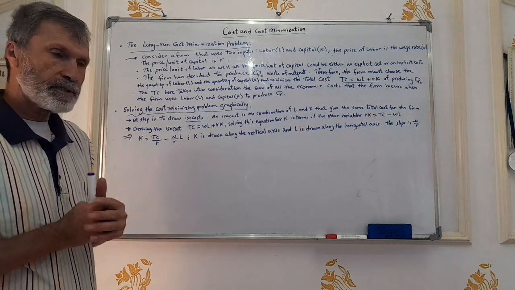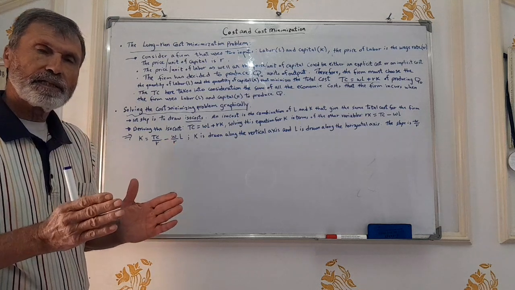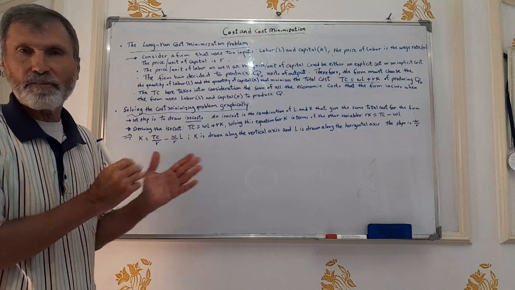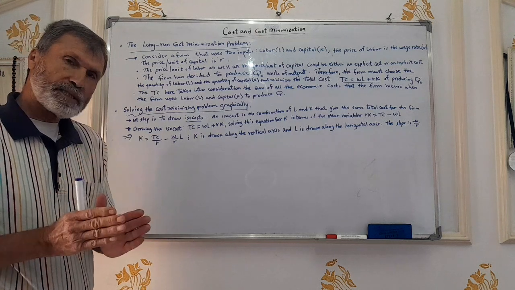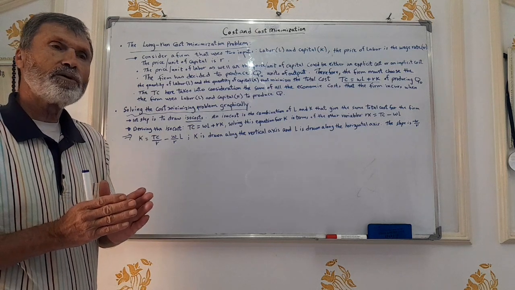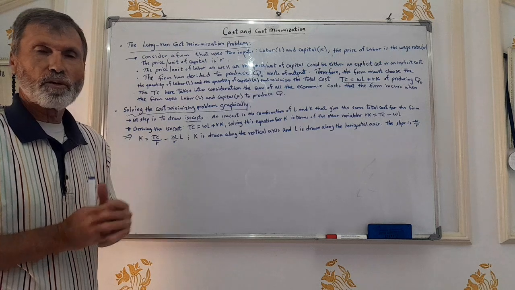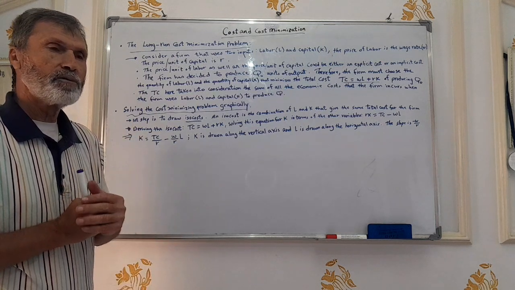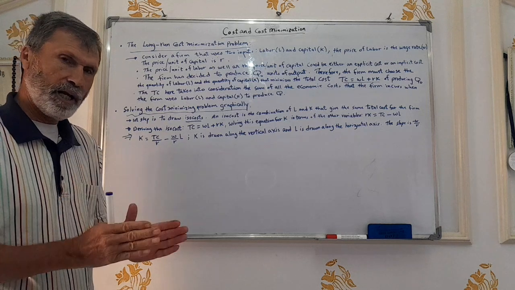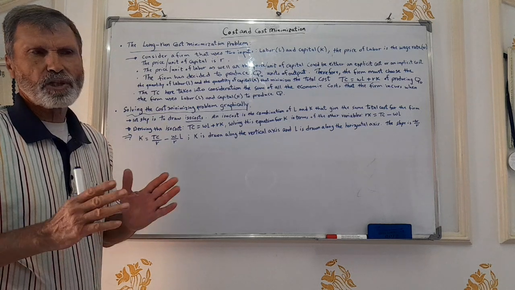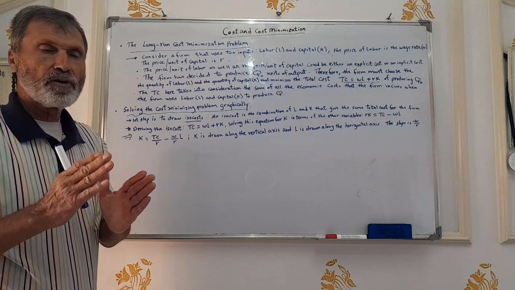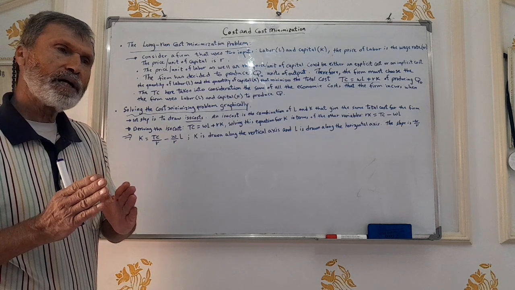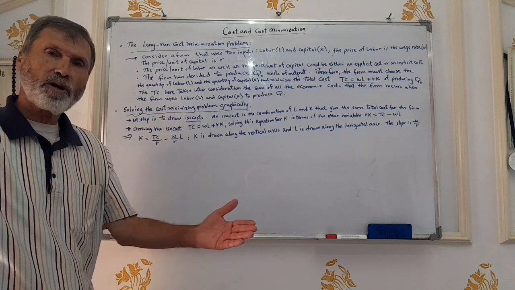The price of labor is explicit when the firm hires labor. And it is implicit when the firm uses its own labor, because then the firm forgoes the opportunity to lease that labor to another company.